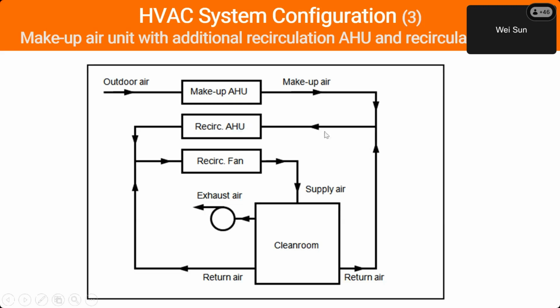This recirculation AHU basically is to handle the heating or cooling requirements inside the clean room. You have people, you generate heat, you have process, you generate heat. So you need to do a temperature control and sometimes the humidity control. And so this recirculation AHU will handle that portion of the responsibilities.